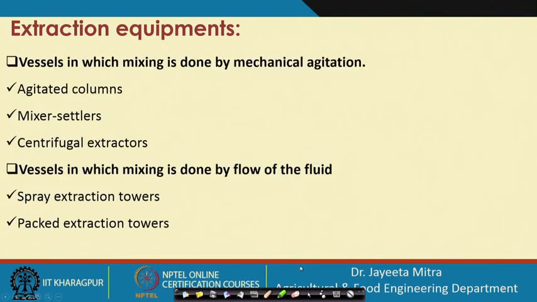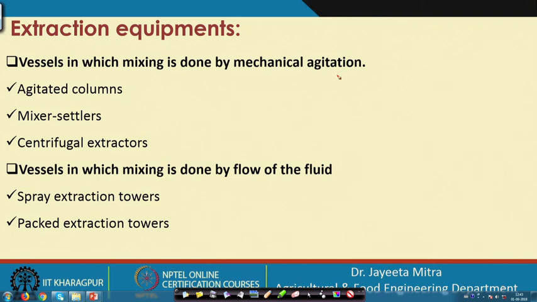In extraction equipment, we have vessels in which the mixing is done by mechanical agitation. We have seen initially that for extraction, mechanical agitation and temperature have a positive role, because they increase the rate of mass transfer.